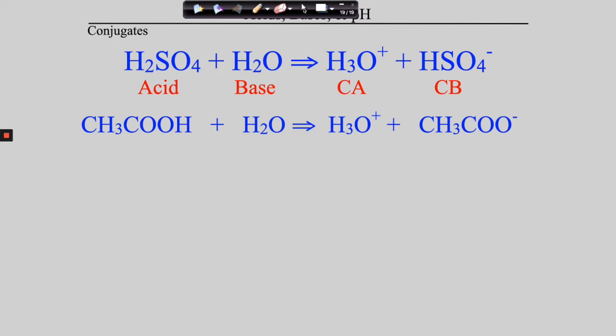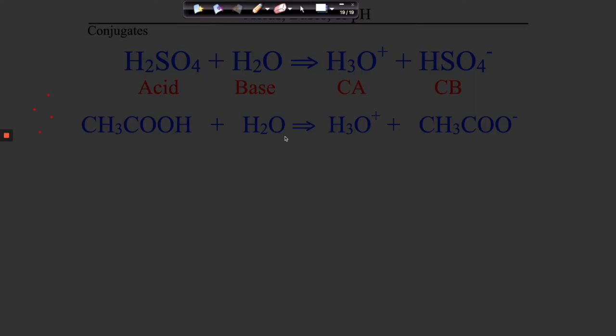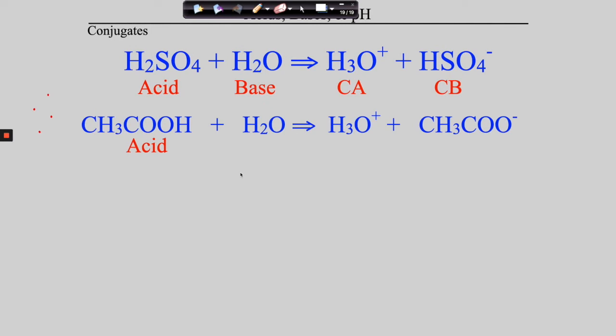So that makes this CH3COOH our acid. And if that's the acid, the other is our base. Now we need to find our conjugates.